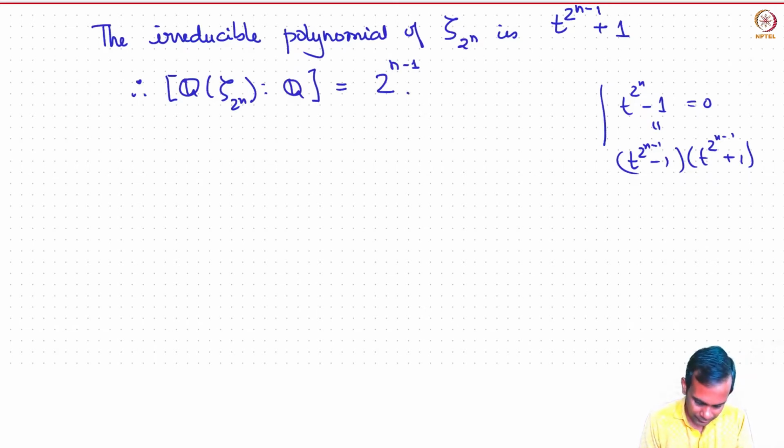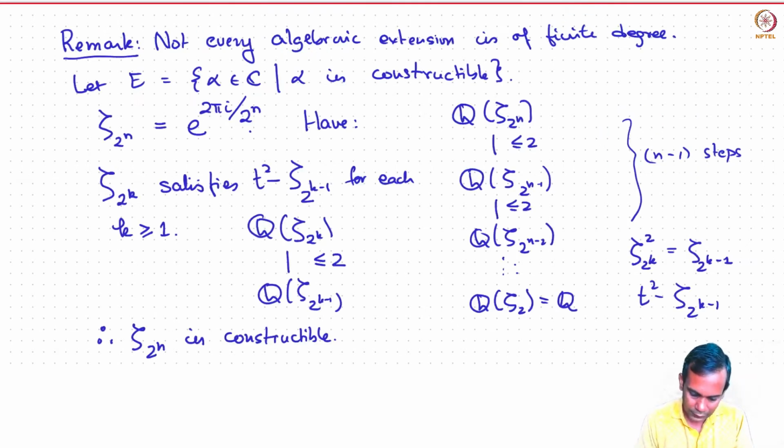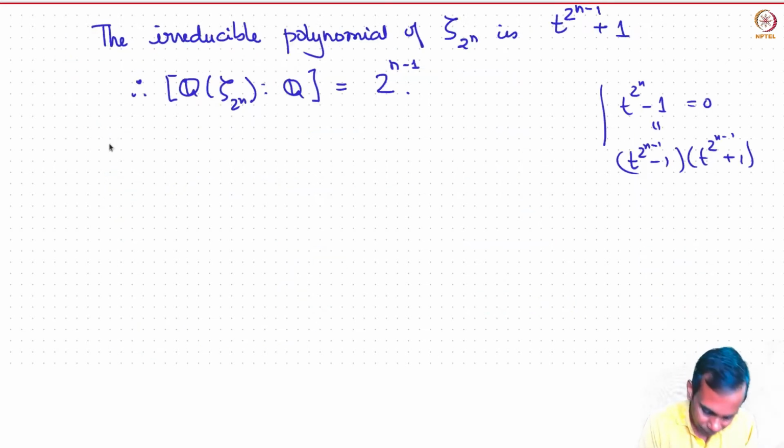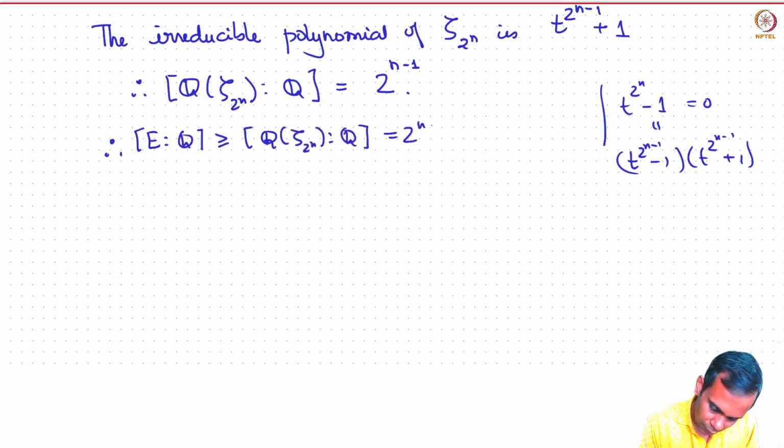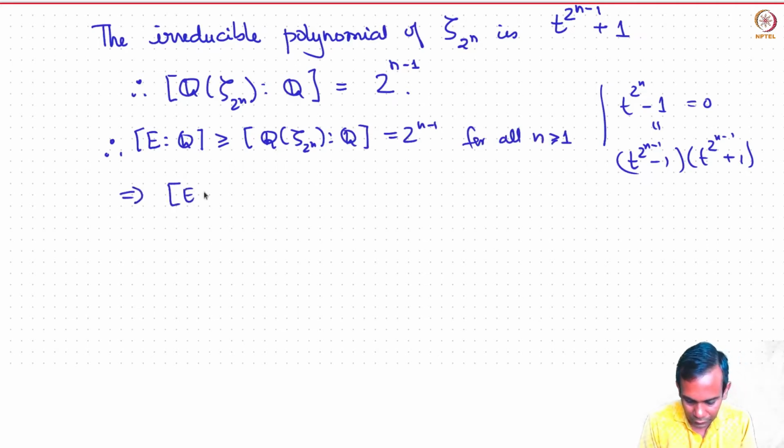Which means that if we look at this field E of all constructible numbers, it contains Q zeta 2 to the power n, so its degree over Q is greater than or equal to 2 to the power n minus 1. But this is true for all n greater than or equal to 1, which implies that the degree of E over Q has to be infinity.